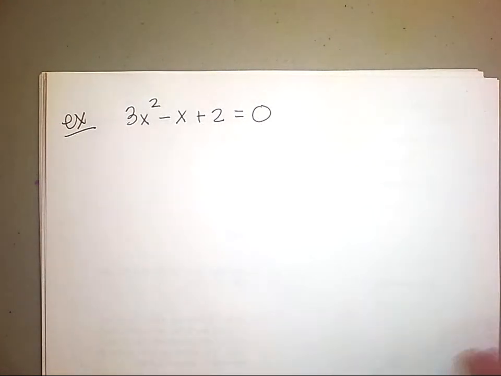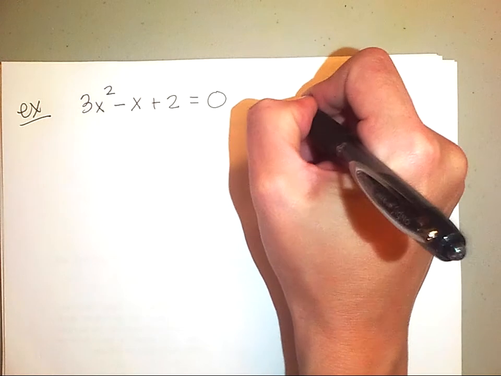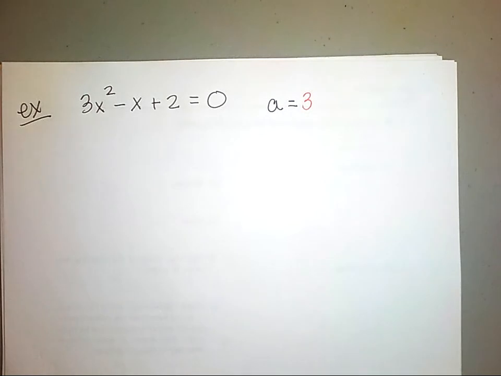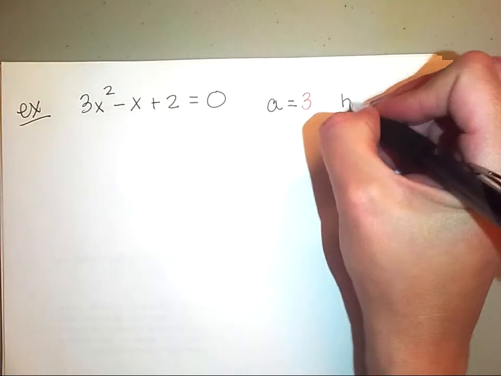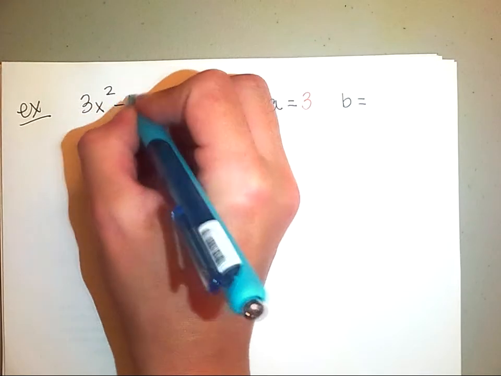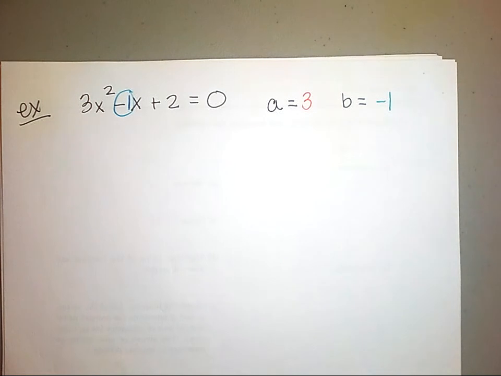So this is definitely one that I prefer to use the quadratic equation on. So first, let's identify. a is equal to 3. Now b in this case, remember there's an understood 1 here, and it's negative because we're subtracting. And then c is equal to 2.